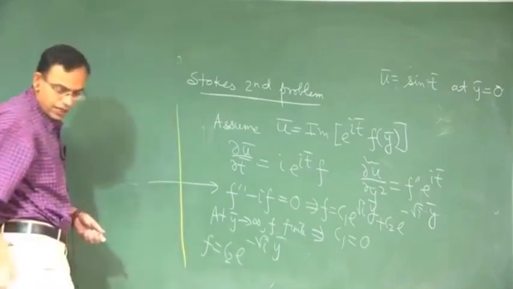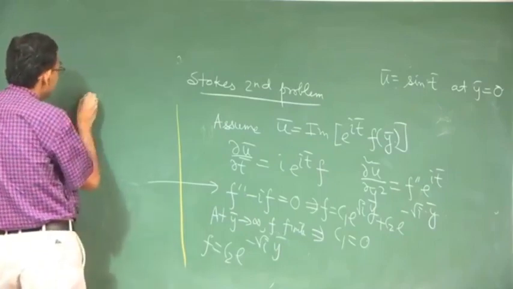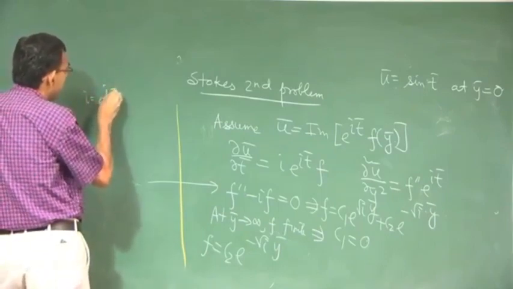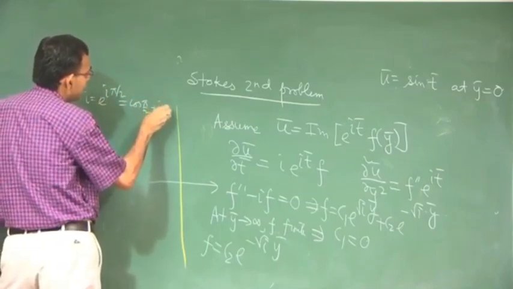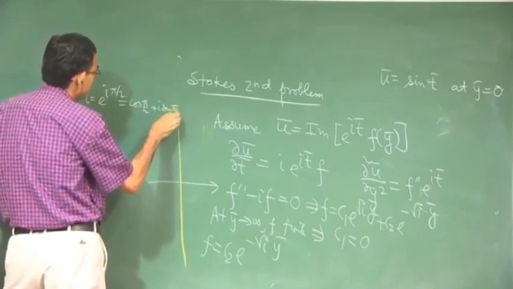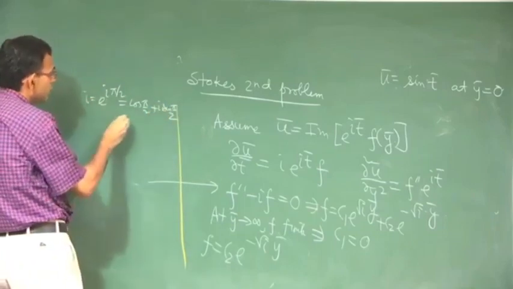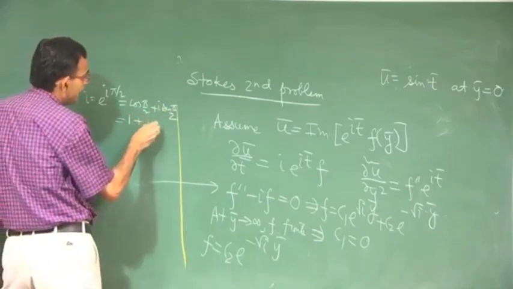Now, square root of i you can write in terms of i, because i is e to the power i pi by 2, this is cos pi by 2 plus i sin pi by 2, right.